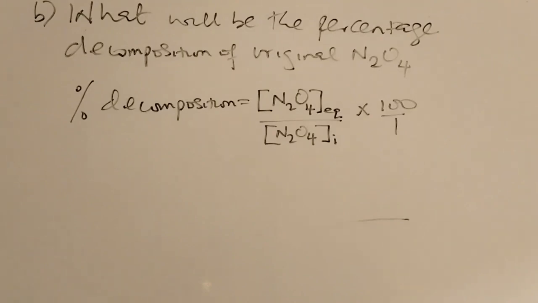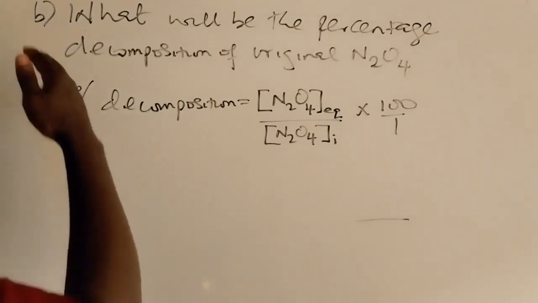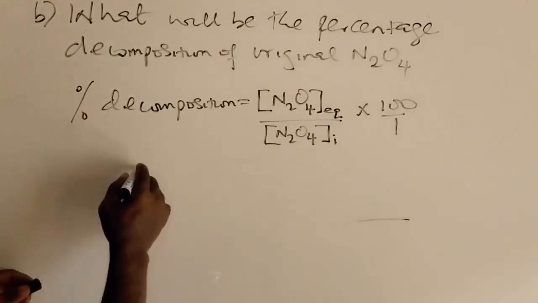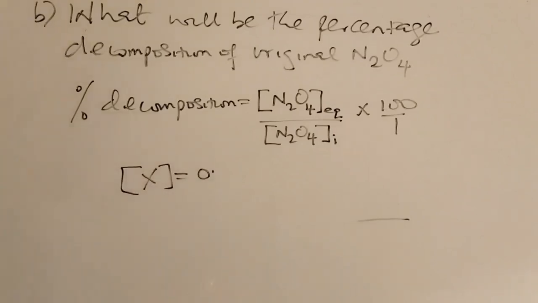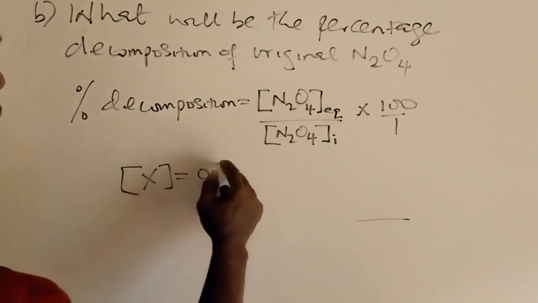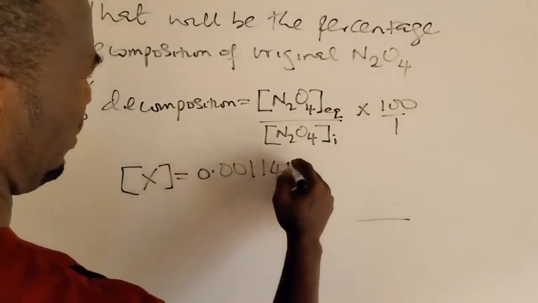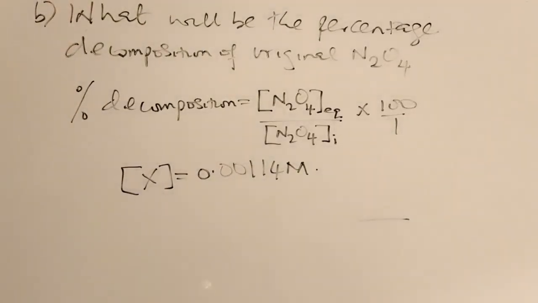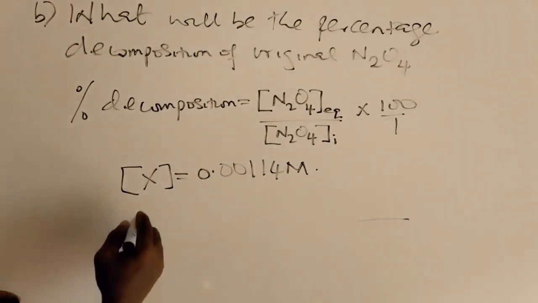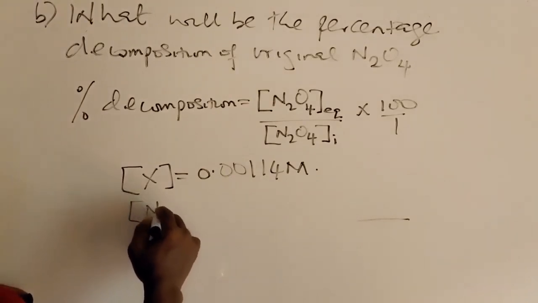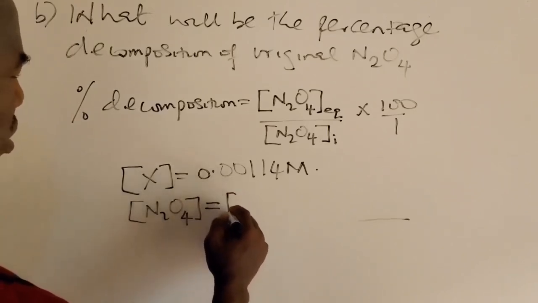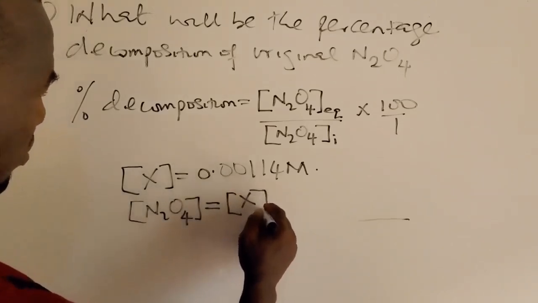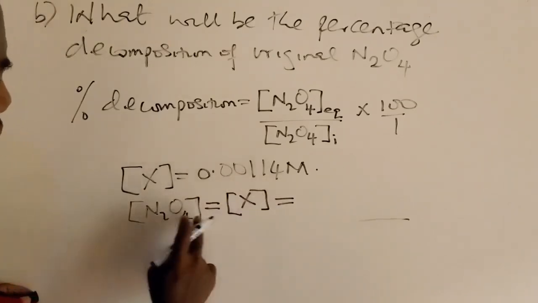Remember that from part A, we got our S as 0.00114 mole per dm cube. From our ICE table, the concentration of N2O4 at equilibrium is S, which is 0.00114.